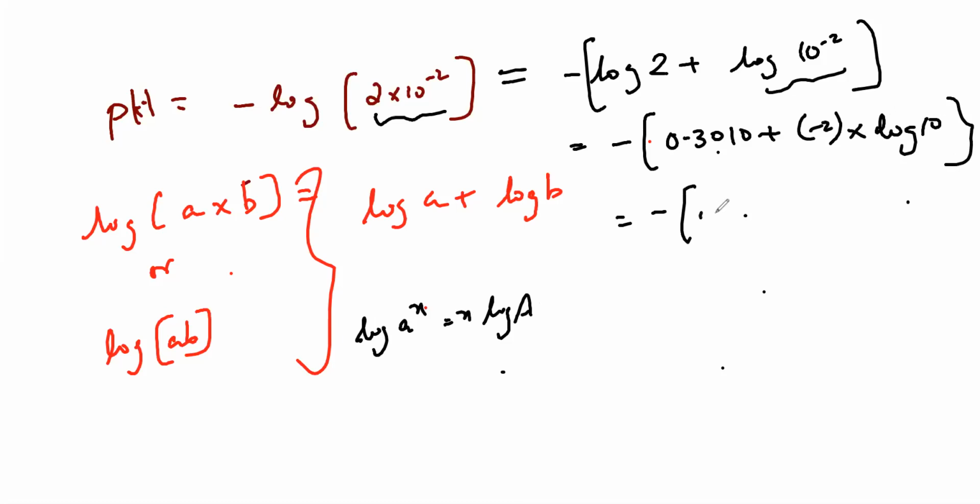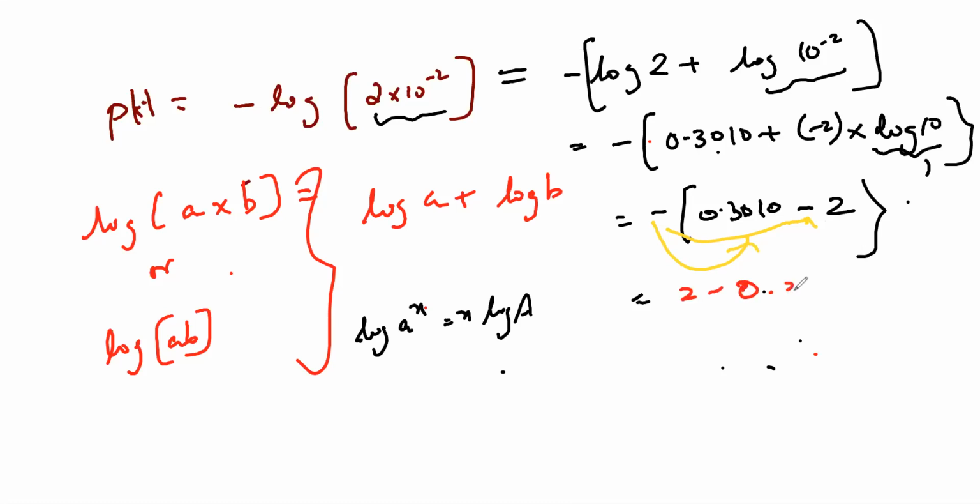Log 10 value we know is 1. If I put the minus inside, minus minus will become plus. So I'll get the answer as what? 2 minus 0.3010. So that is 1.6990.